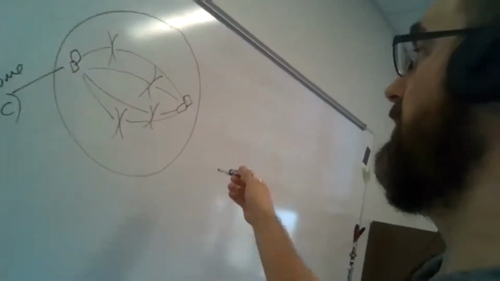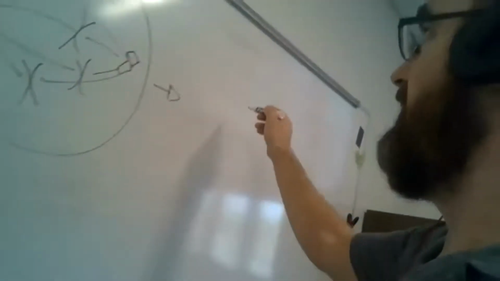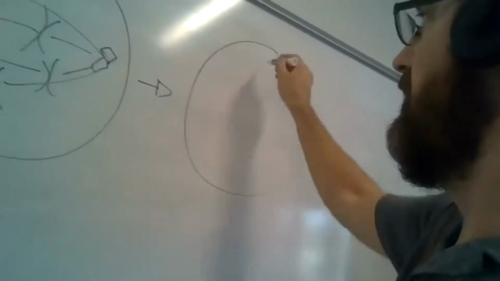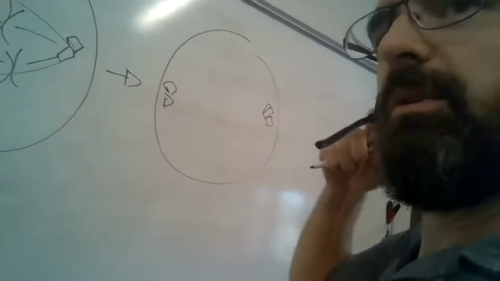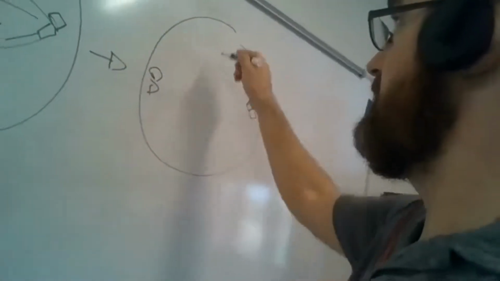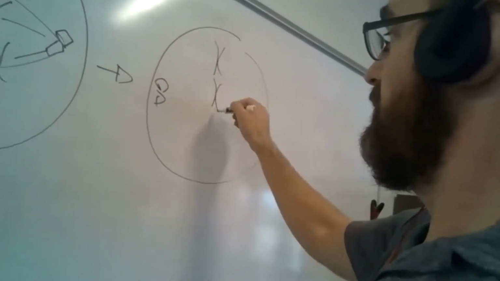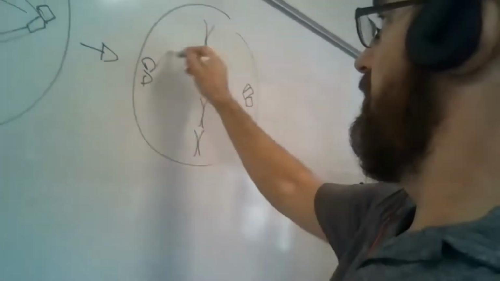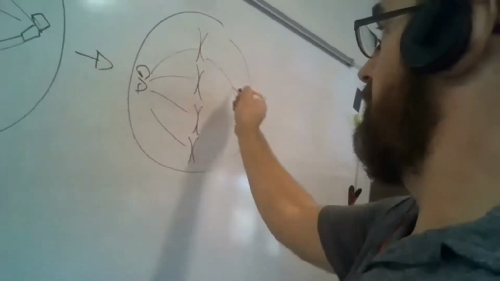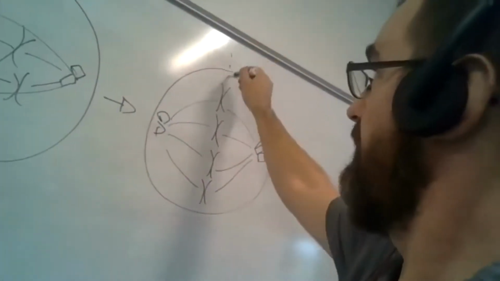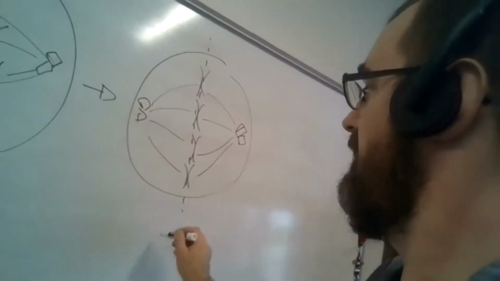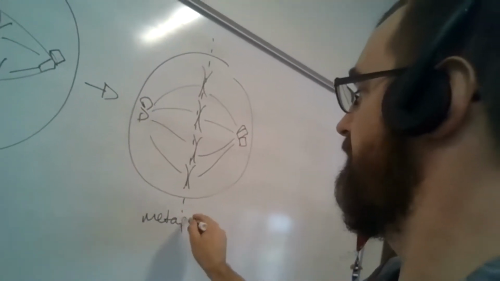And so the role of the M phase checkpoint, I always think of little marshmallows whenever I draw centrosomes, is to make sure that those chromosomes, or chromosome pairs in meiosis 1, are aligned on this imaginary line called the metaphase plate.